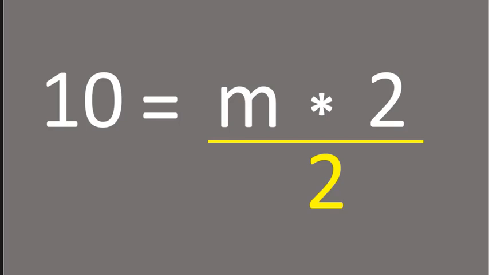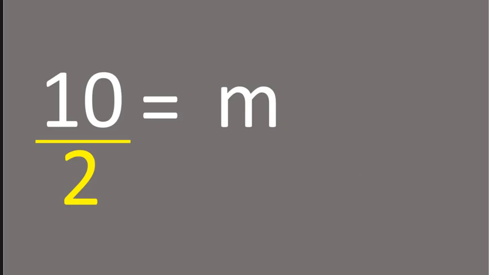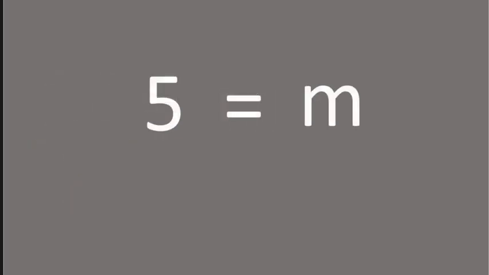Since it's an equation, it needs to be equal, so we're going to divide the left side by 2. On the right side, the 2's cancel out, and we have m by itself, and now we have our solution, that 10 divided by 2 equals m, and so m equals 5.